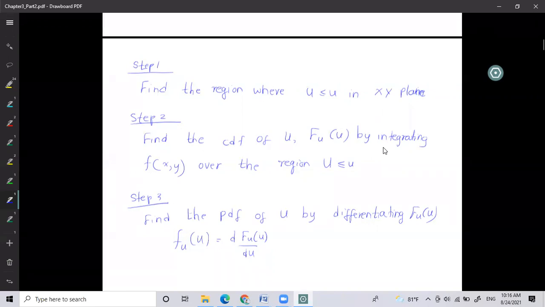Depending on whether it is the sum, the difference, the product or the quotient, sometimes finding the region with respect to y is easy, sometimes with respect to x. So you will see when we do these proofs, sometimes we do the integration with respect to y, sometimes with respect to x. It is not the only way, but it is the easiest way to explain and understand. You can do it either with respect to y or x.